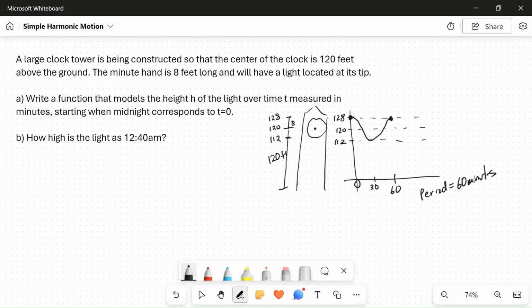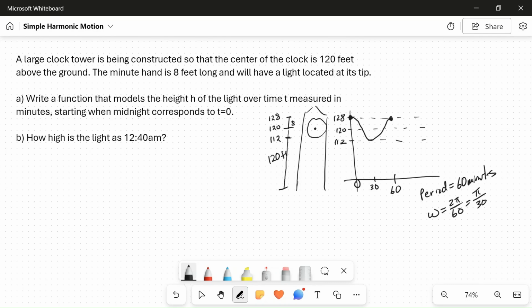Okay. And if it's the period, we could find our k value, or since we're going to do harmonic, we could think of it as omega. Omega is 2 pi over the period, so 2 pi over 60, and 2 pi divided by 60 reduces to pi over 30.